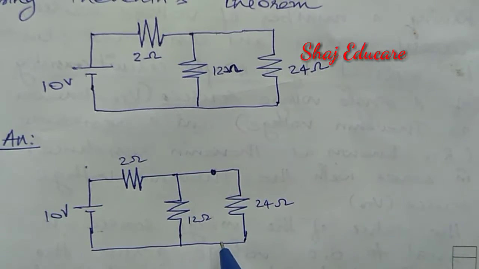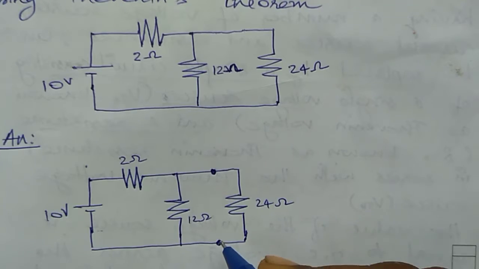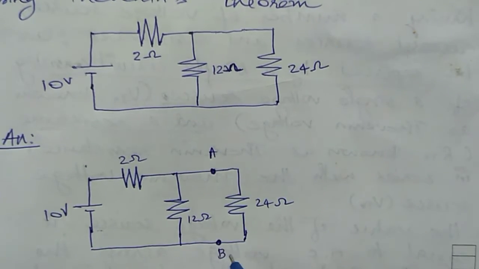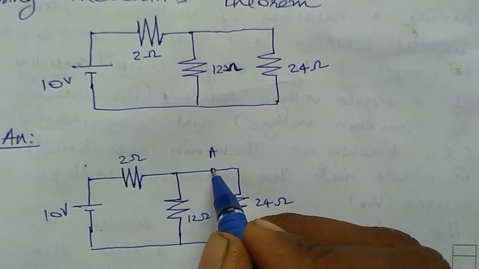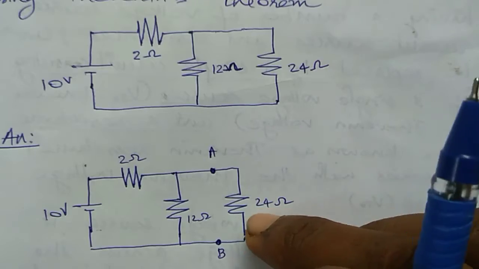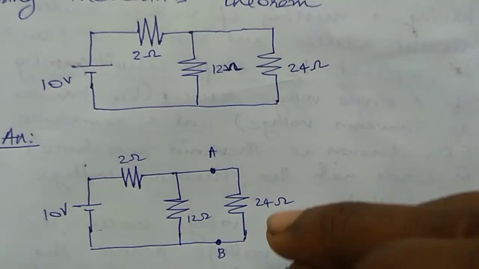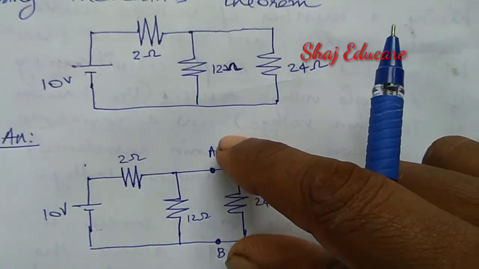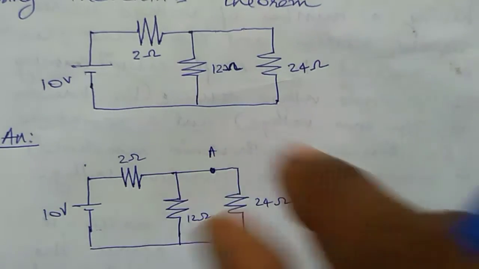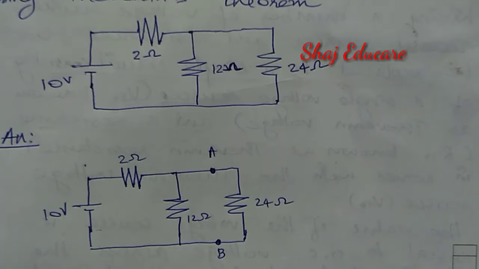So the first step using Thevenin's theorem is to mark the points A and B. And we have to find the current through 24 ohm. So we have to remove the 24 ohm resistance from the circuit. That is our first step.